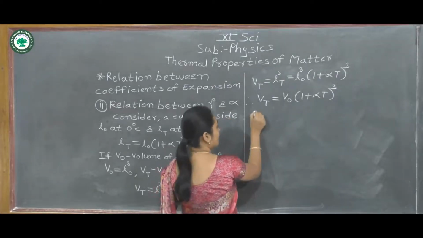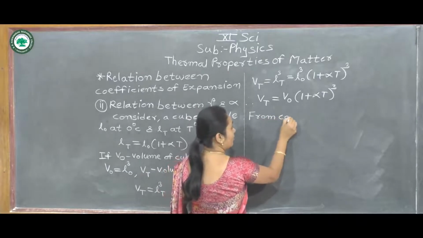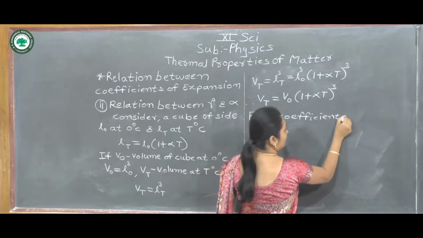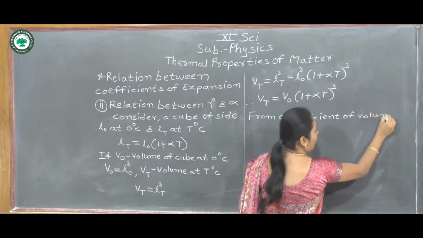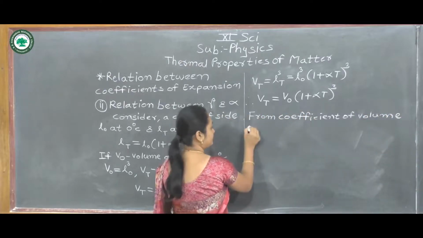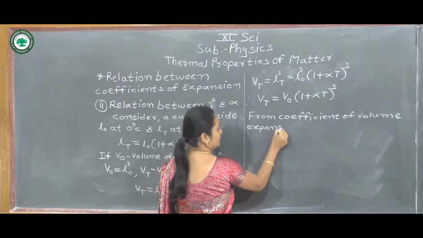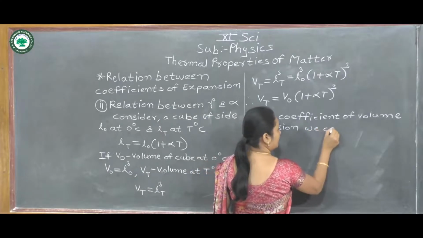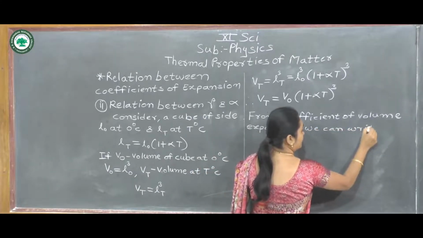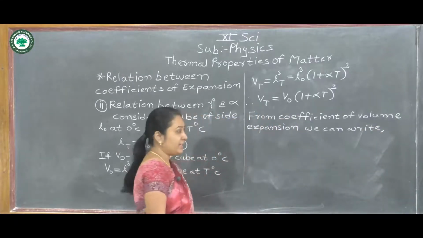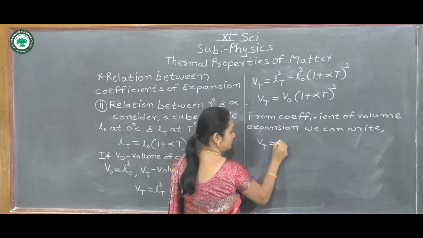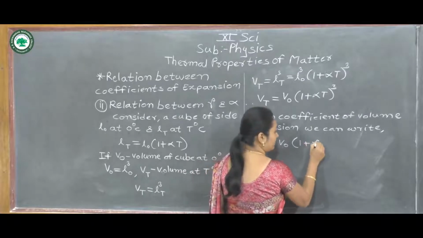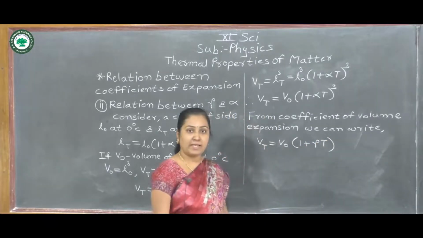So from the coefficient of volume expansion, we can write Vt is equal to V0 in bracket 1 plus gamma t.